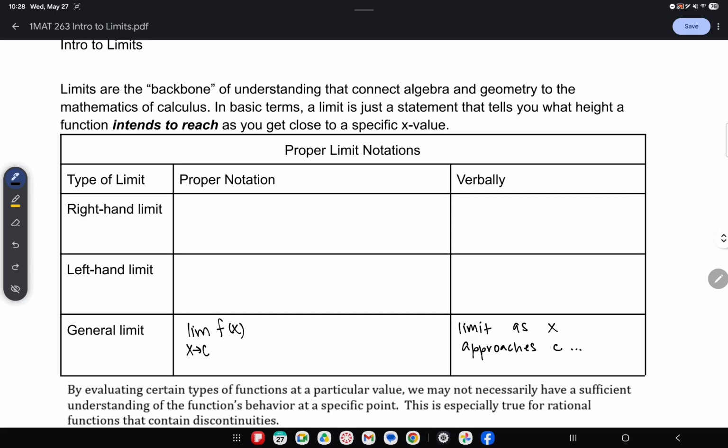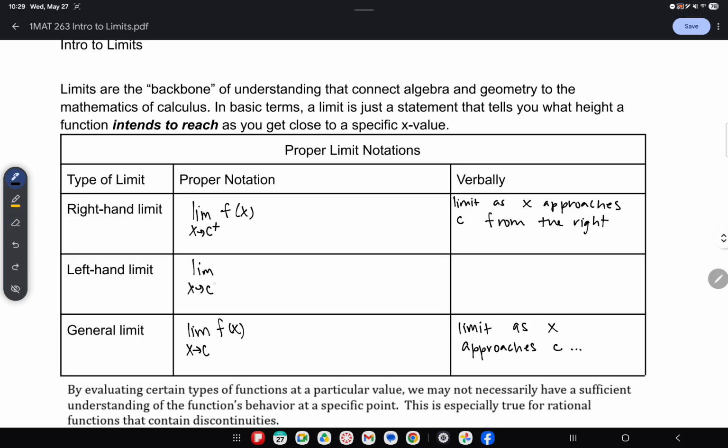So if we want to talk directions, the left and right, the notation is going to be a little bit different. So for the right hand, we'll have the limit as x approaches c, and I'm going to put a plus sign here to denote, hey, we're going to look at from the right side. So verbally, we could say this is the limit as x approaches c from the right.